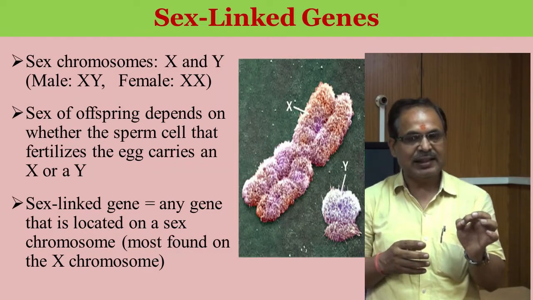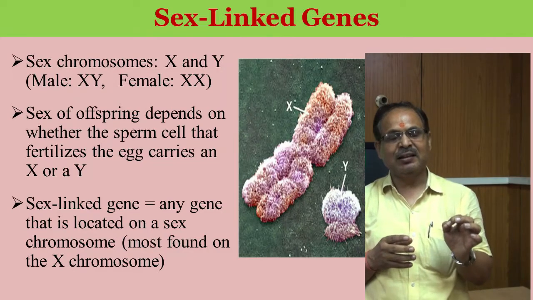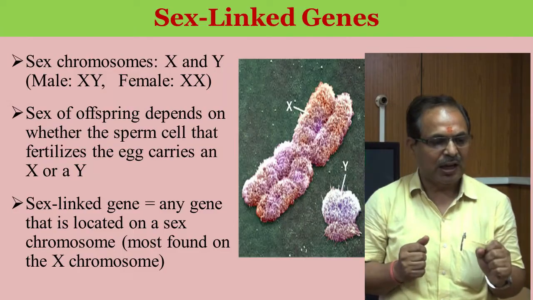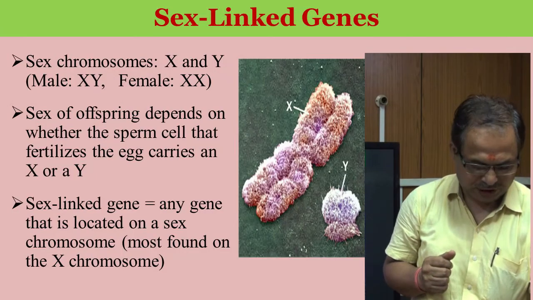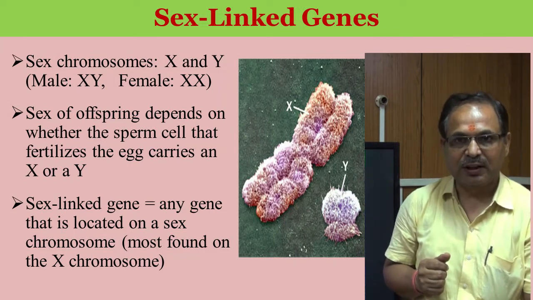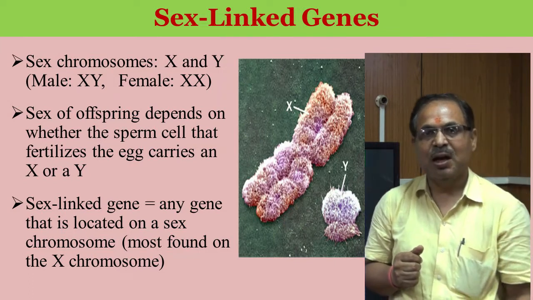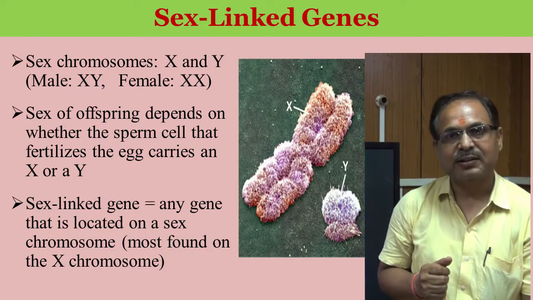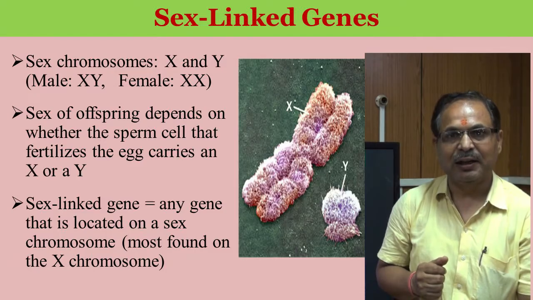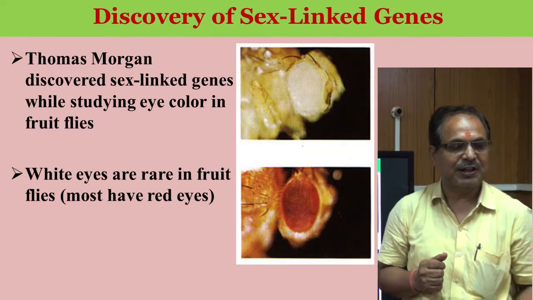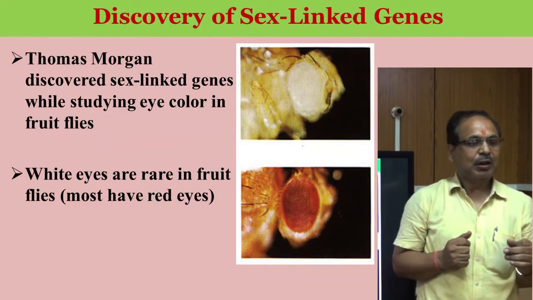Sex-linked genes are any genes located on the sex chromosome, and mostly found on the X chromosome, because in the XY system most individuals have the maximum number of X chromosomes, with only a single Y chromosome.